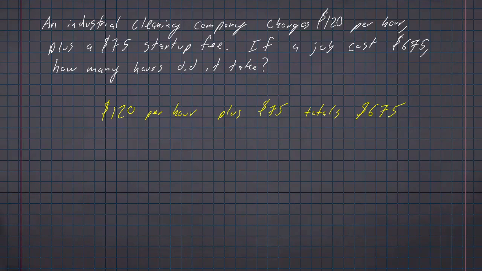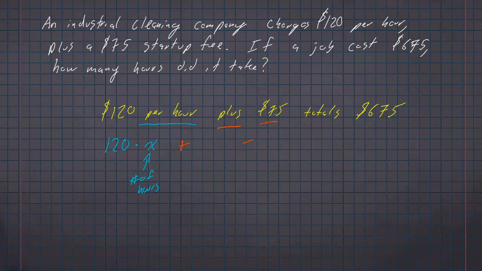Now, to figure out from here, we have to think back to what we've talked about previously with unit rates. If we are taking $120 per hour, to figure out the total cost, we have to take that 120 times X, where X is the number of hours. And then the rest of this is pretty straightforward.